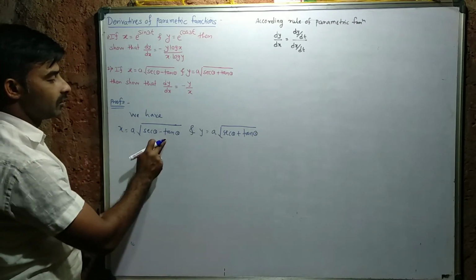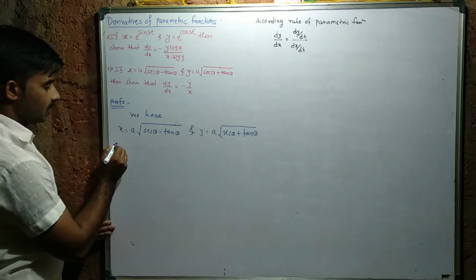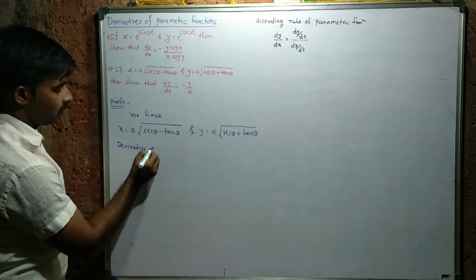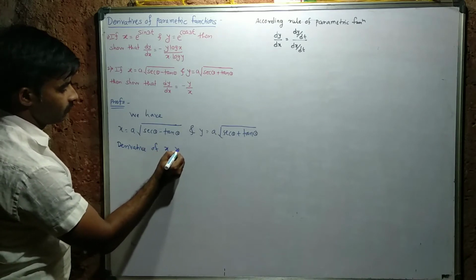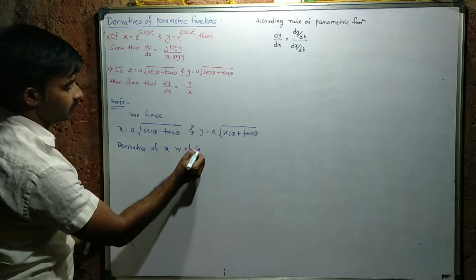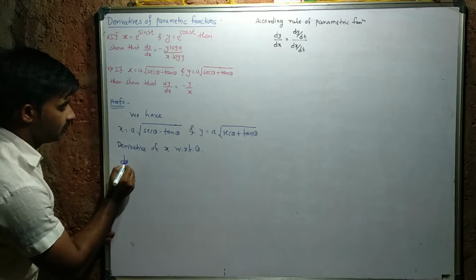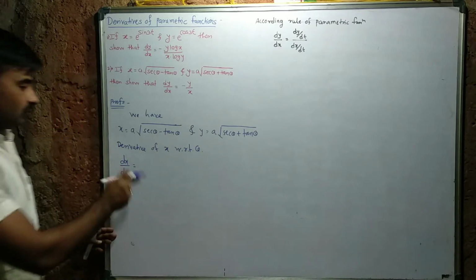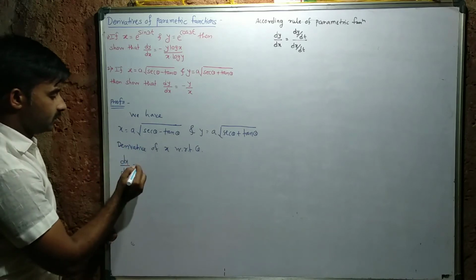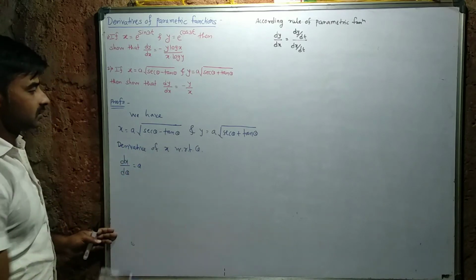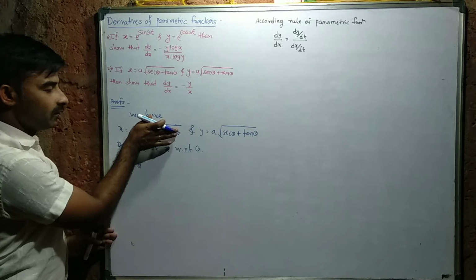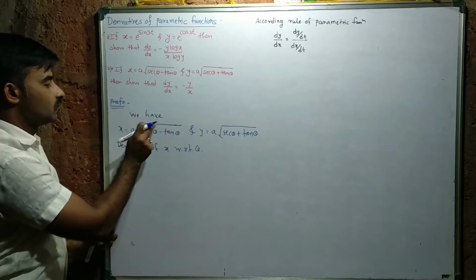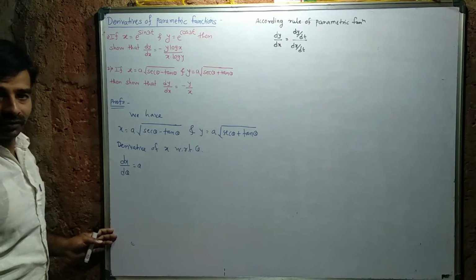Therefore, taking the derivative of x with respect to theta, you will get dx by d theta. Now dx by d theta: a is a constant, put it as it is, and for the square root, whatever is inside the square root, we have to take the derivative of the square root.